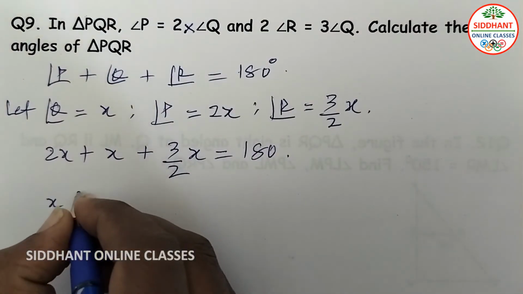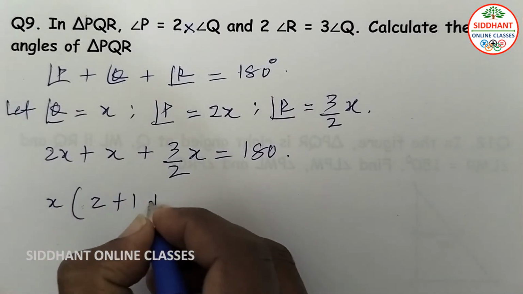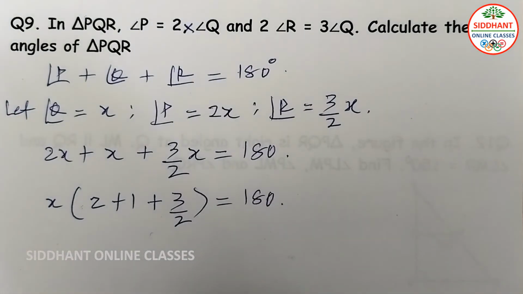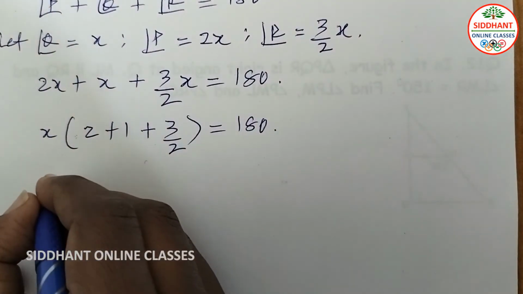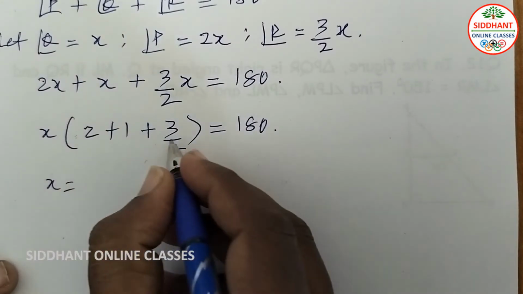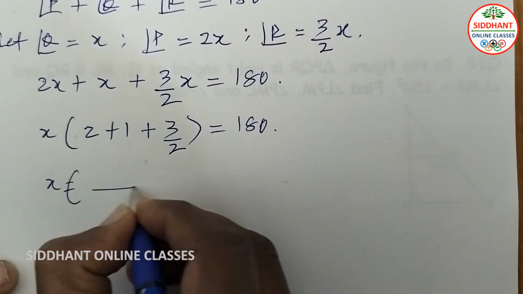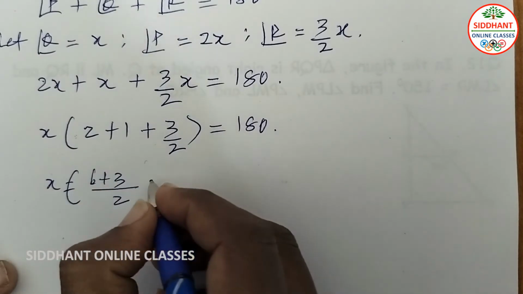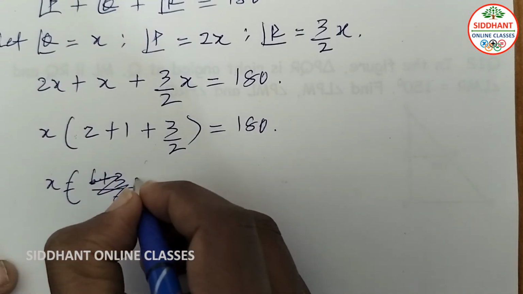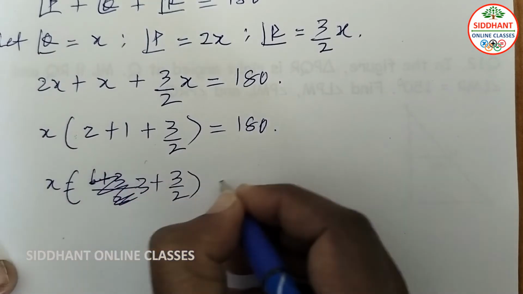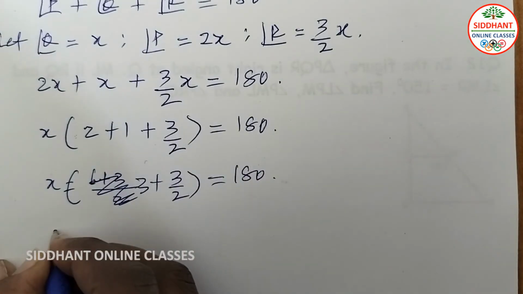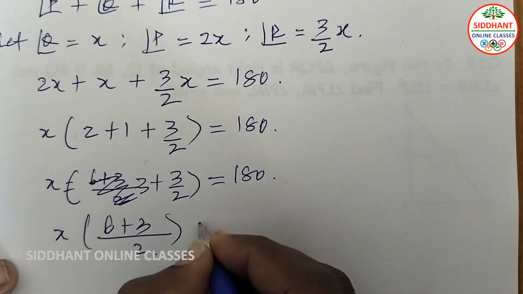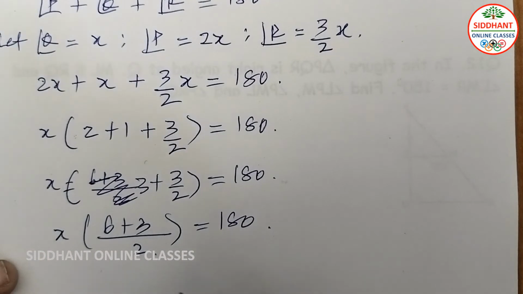Then taking x common, 2 plus 1 plus 3 by 2 equals 180 here. So first 3 plus 3 by 2 equals 180, suppose. Then x, taking LCM 2 here, 6 plus 3, equals 180 here.